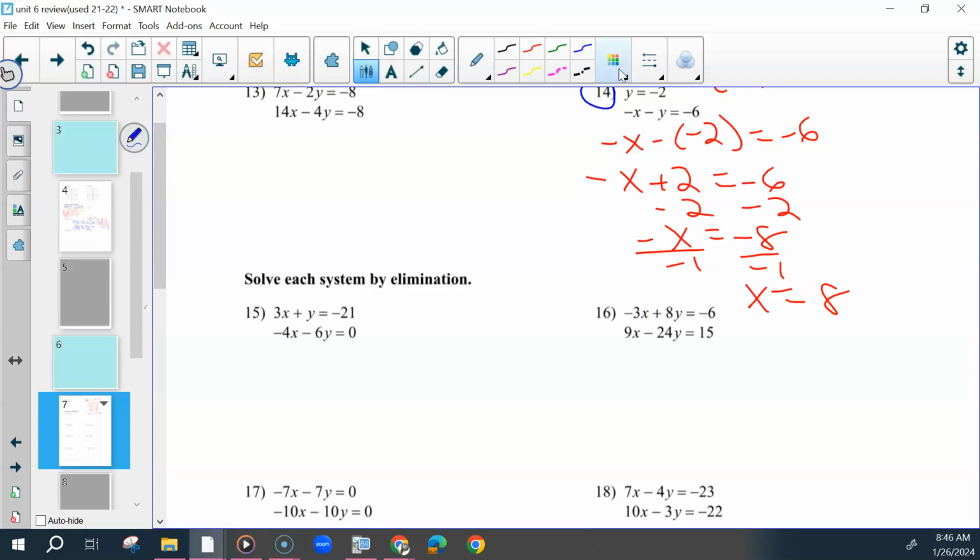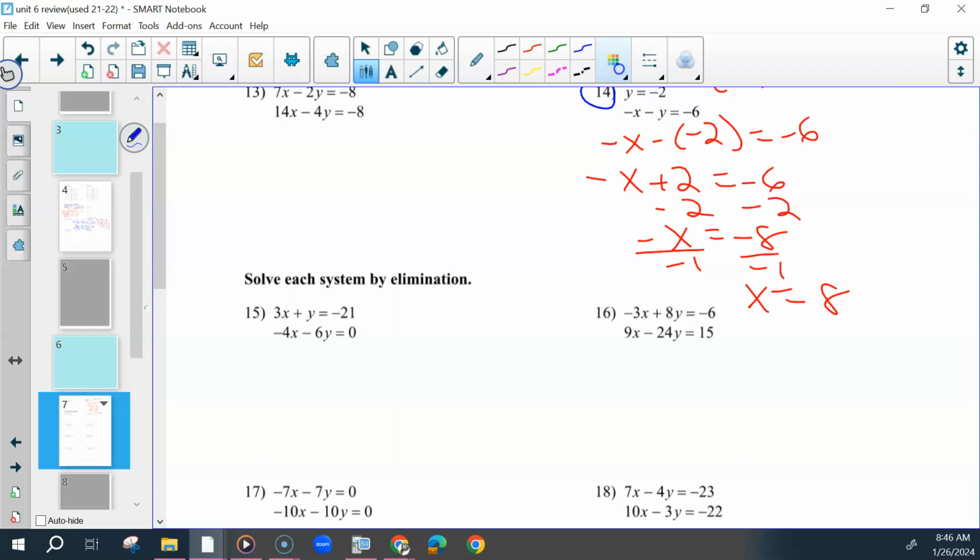Remember that with elimination, you're trying to get your coefficients to be the same. It does not matter if that's for x or for y. In here, do we want to eliminate x or y? Sure, y.